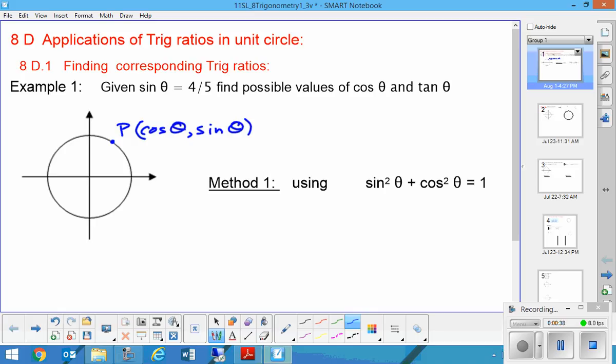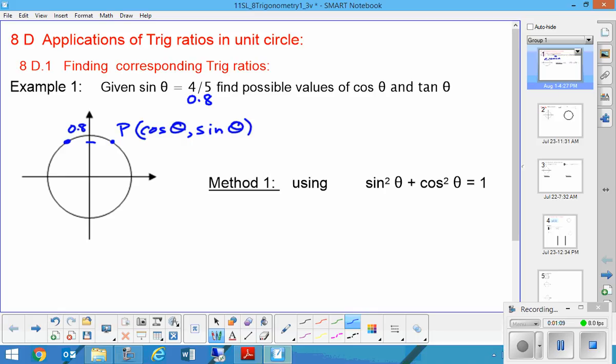So let's say we know that sin theta is 4/5, that means the y coordinate is at 4/5, which is the same as 0.8. So whereabouts does the y coordinate equal 0.8 or 4/5? It could be this position, but it also could be that position.